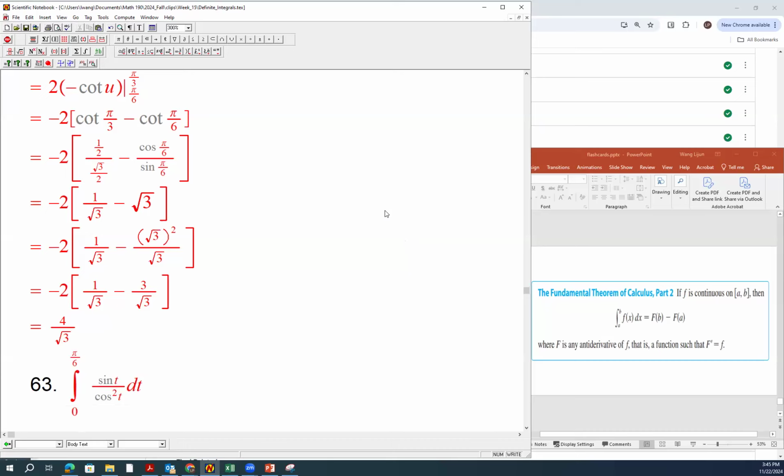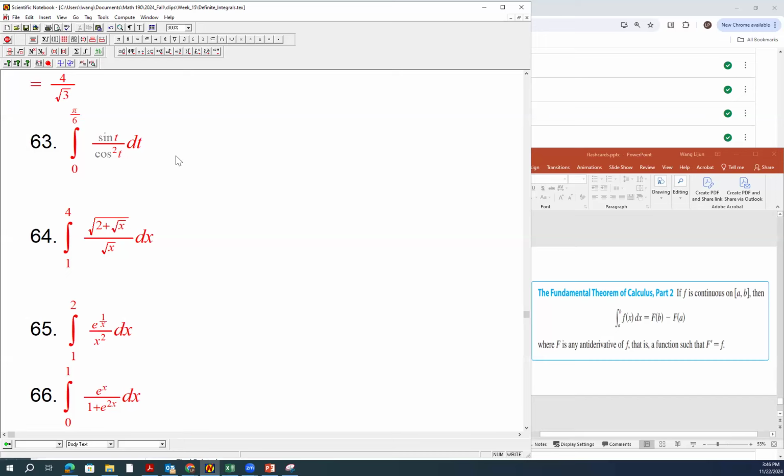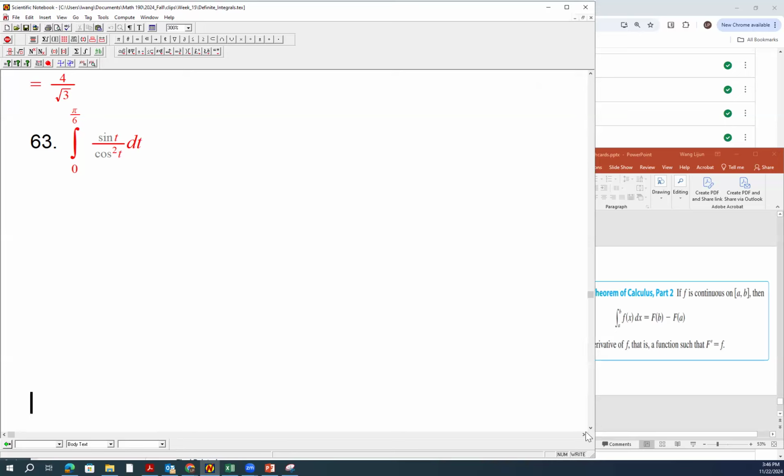Okay, 53. We're going to have some significant substitution here, as we introduce u equals cosine t.